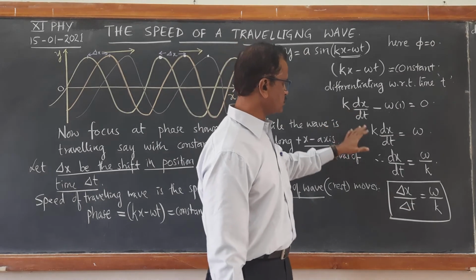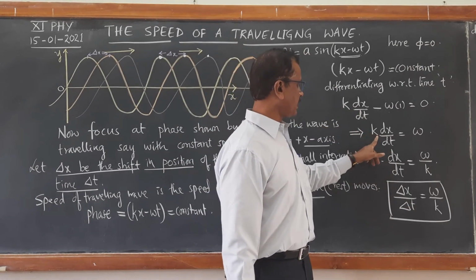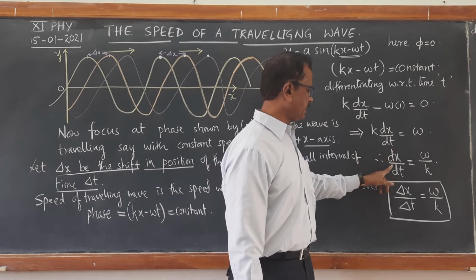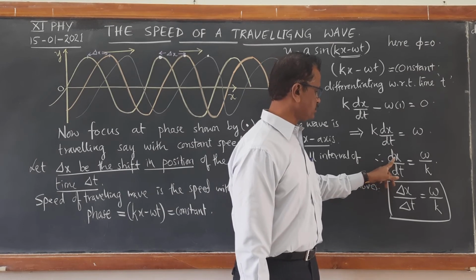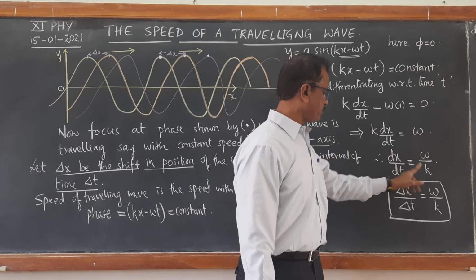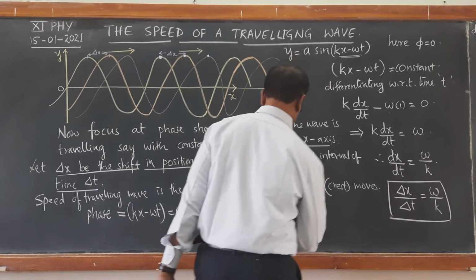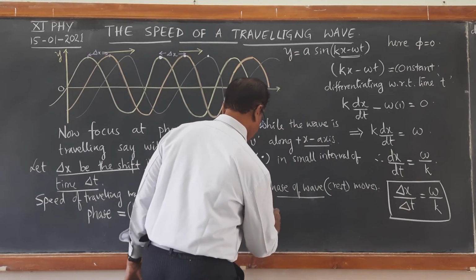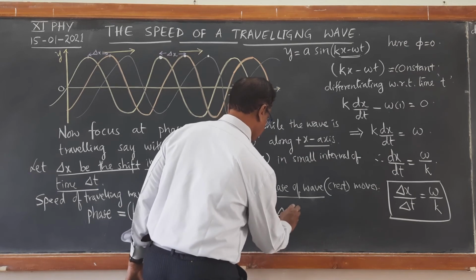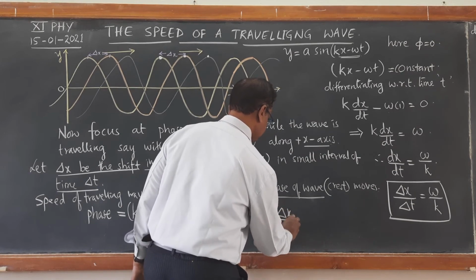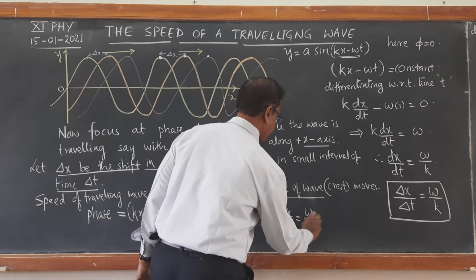Instead of dx by dt, one can take k delta x by delta t. That also gives delta x by delta t equal to omega by k. This itself gives us speed. Therefore, speed v equal to delta x by delta t equal to omega by k.